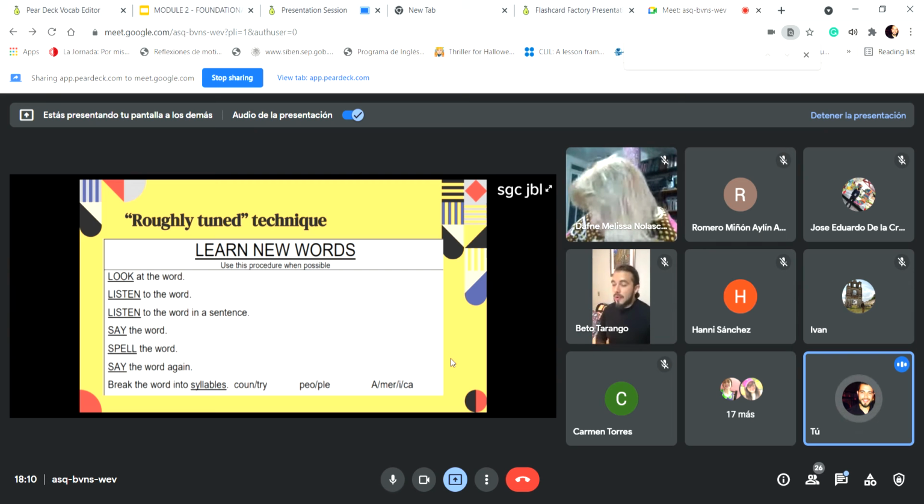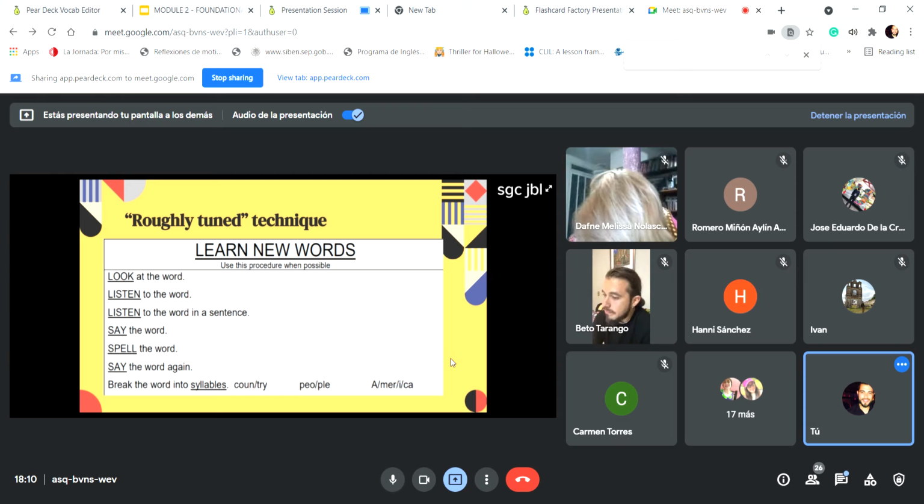Okay, so this is a roughly tuned technique. And this is like a step-by-step on what you can do when it's time to present new vocabulary, or if you just want to take your time during a whole lesson to focus on a particular word, and from that, it will lead you to different ideas and different activities you can work with the class.